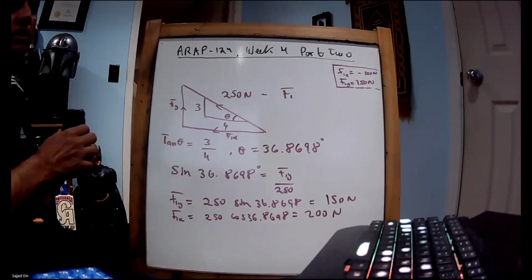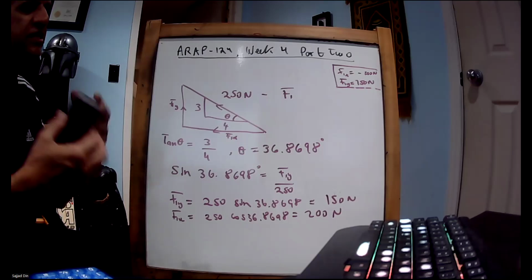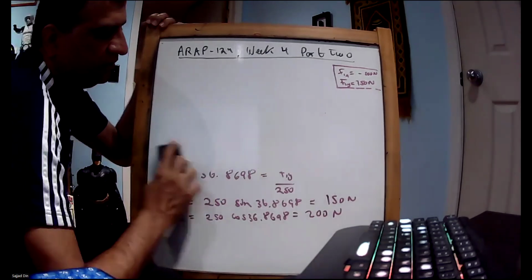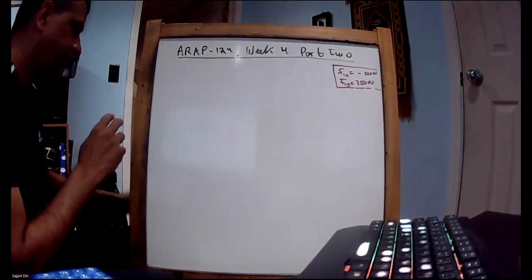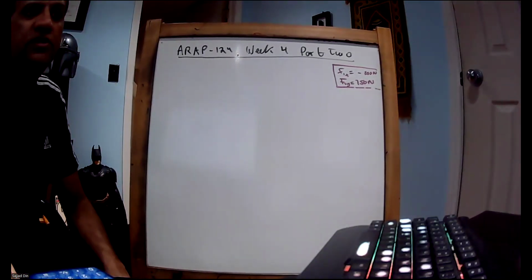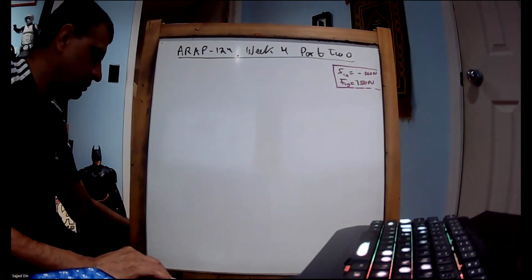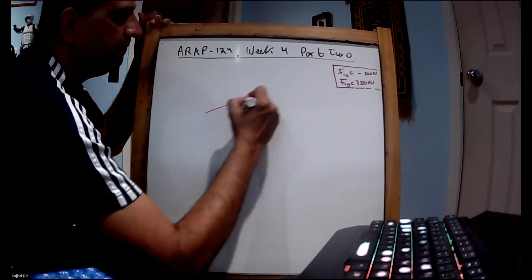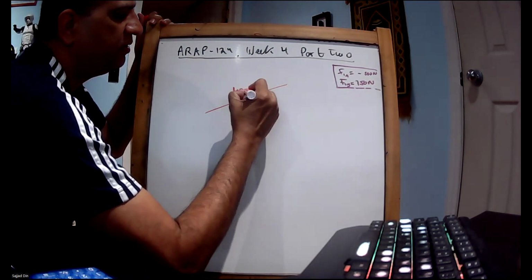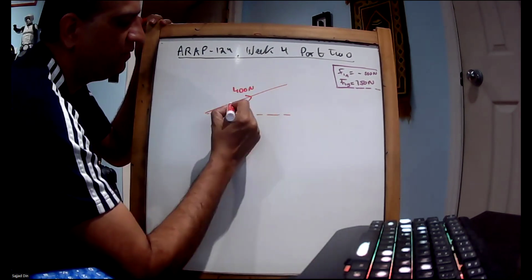Now what I like to do is focus on the next vector. Break it down, focus on just one thing at a time. If you go back to the slide, and I'll use a different color to help distinguish, you will see 400 newtons, and you see an angle of 30 degrees.